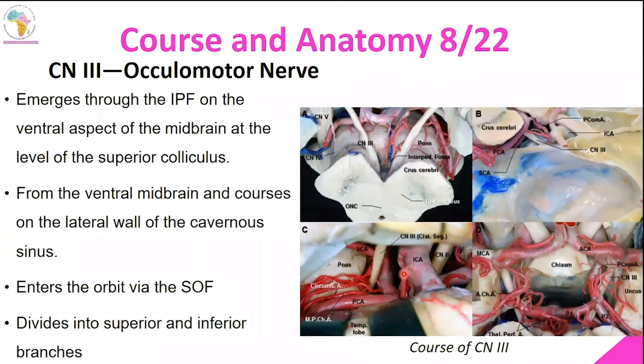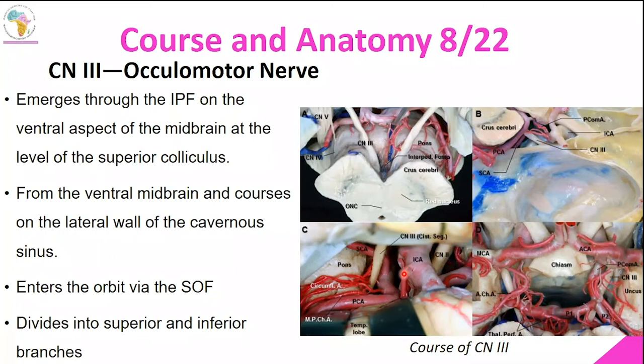The other branch, which is the inferior branch, is responsible for innervation of all the other extraocular muscles primarily innervated by the oculomotor nerve, which include the medial rectus muscle and the inferior rectus muscle. It also has a parasympathetic division, which is carried by the inferior branch, and it synapses within the ciliary ganglion.